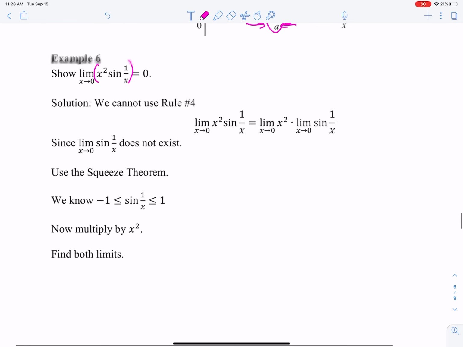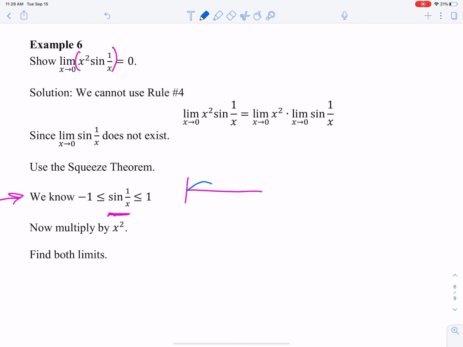All right, so right here, what they're saying is the value of sine of 1 over x is between -1 and 1. Why is that? The reason is simply the graph of sine. This is something you ought to know, and something we went over last chapter. So here's a sine wave, right?